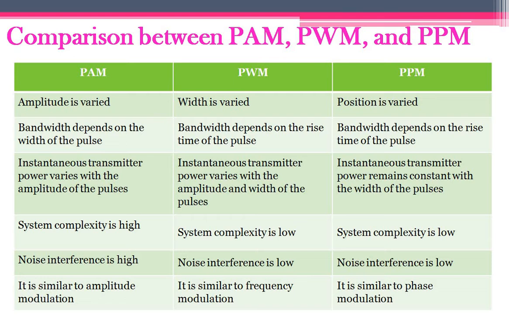And at the receiver side, what will you be having? First you have to demodulate your PPM signal to get the PWM signal, correct? Then you go on to get your original message signal. PPM has to be converted to PWM, and to convert that, what are you using? We are using an SR flip-flop.